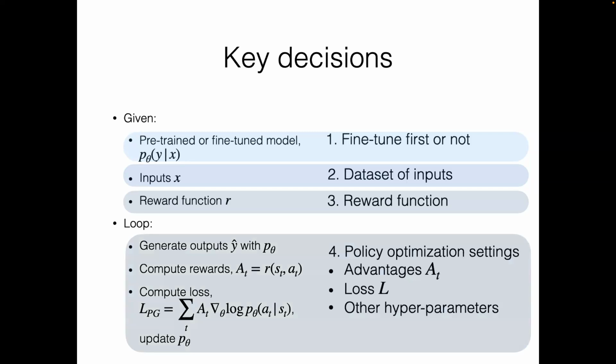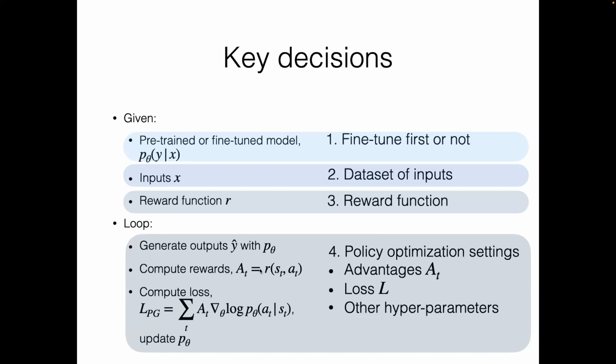And then down here, there's all the details of doing the optimization. So in particular, how are you actually computing these advantages? Which loss are you using? And then other hyperparameters that are involved in actually running the reinforcement learning.